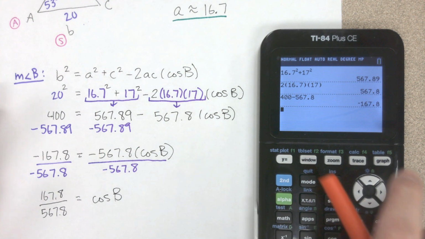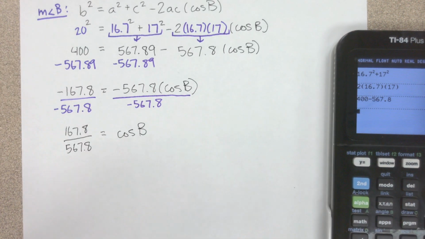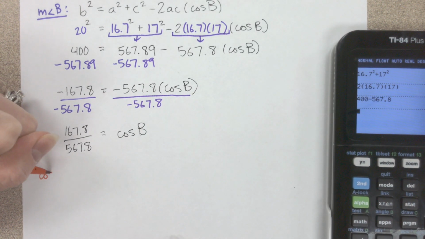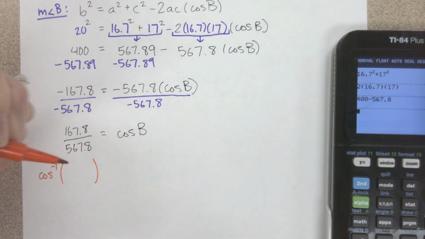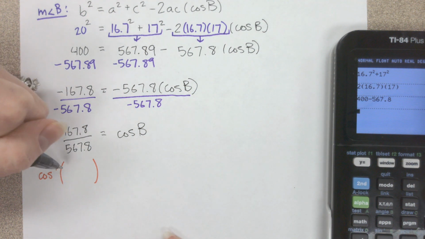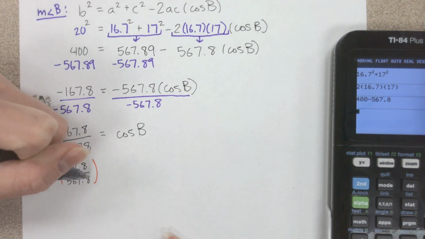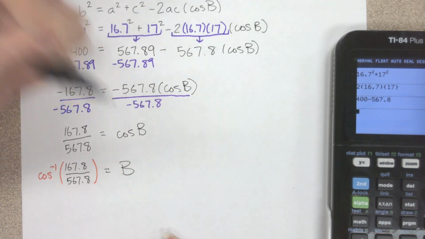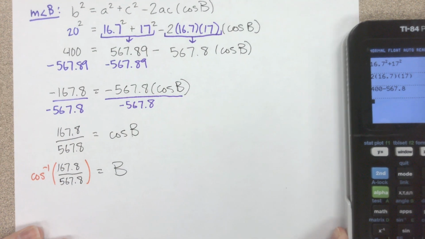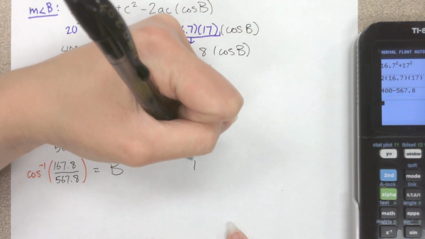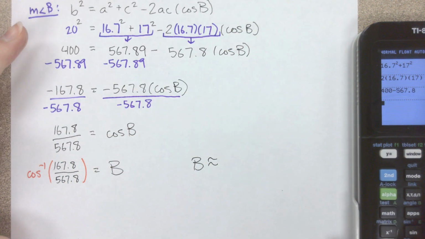And then we want to flip that over to the other side, so we will need inverse cosine to accomplish that. And then we will use that, round it to get the b value.